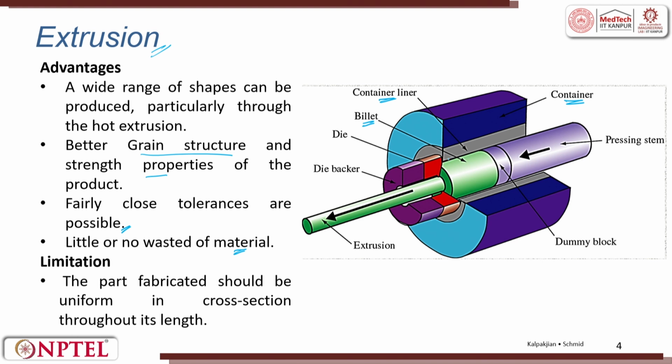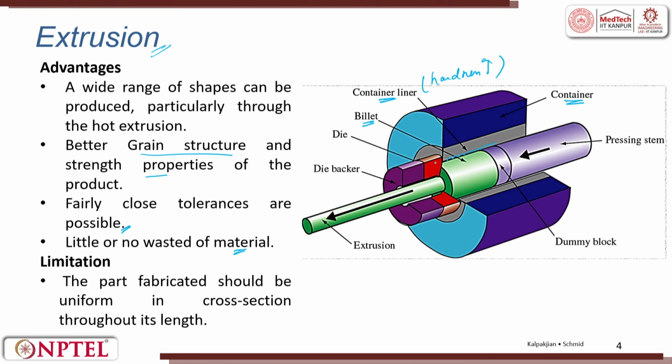Where there is a lot of friction, there will be wear and tear, and replacing the container every time is going to be expensive. So, I put in a thin liner. This thin liner has high hardness and I can replace it without changing the entire container. This is the function of a liner.